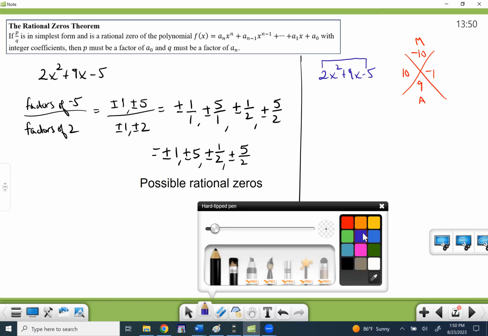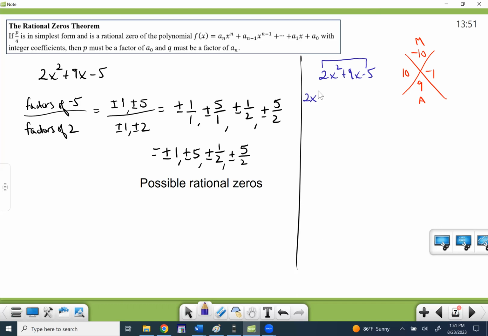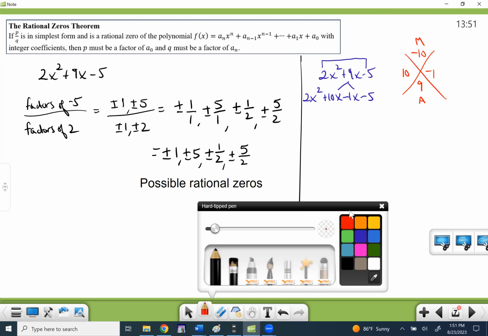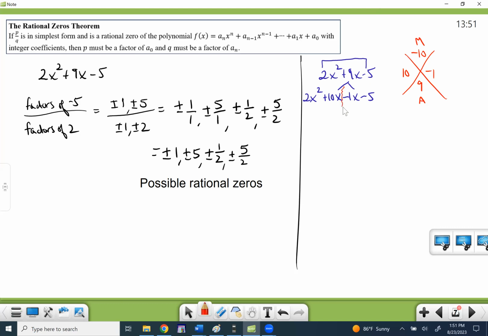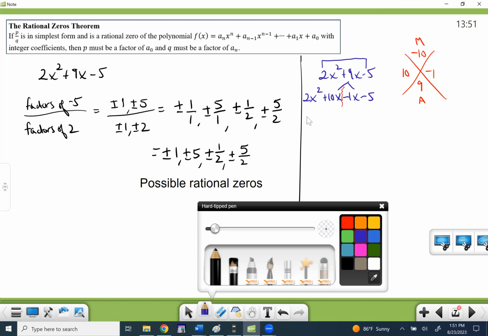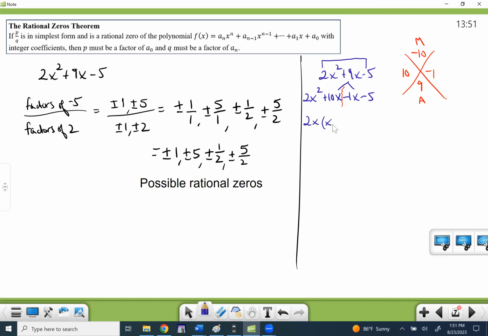All right, so we're going to use factoring by grouping. Let's use the 10 and the -1 to rewrite just the 9. And then factoring by grouping, we're going to slice this down the middle. It looks like we can take out a 2x from both of these terms. 10 divided by 2 would be 5.